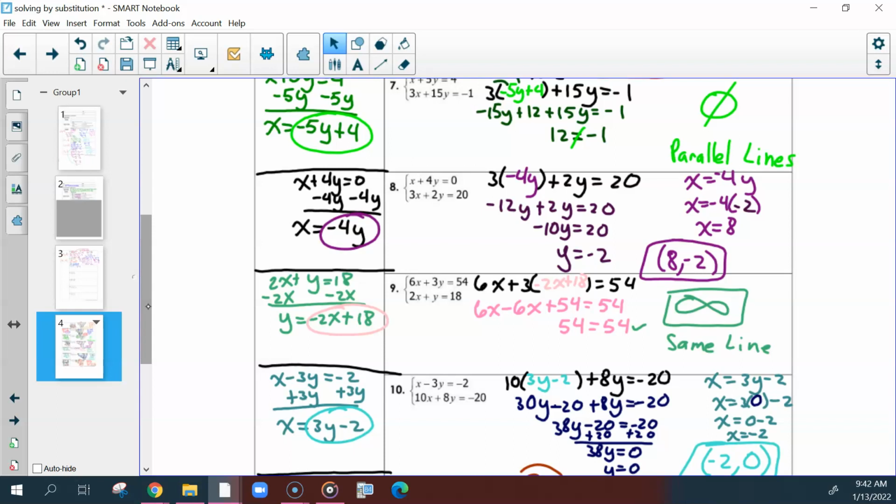Then you're going to take this and substitute it back into the second equation. That should be 3 times negative 4y, which would give you negative 12y. Combine your like terms to get negative 10y. Divide both sides by negative 10 to get y equals negative 2. Put this back into your x equation to get positive 8.